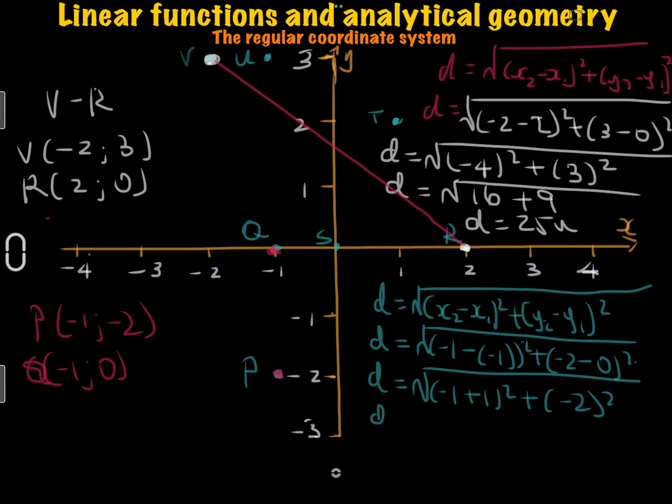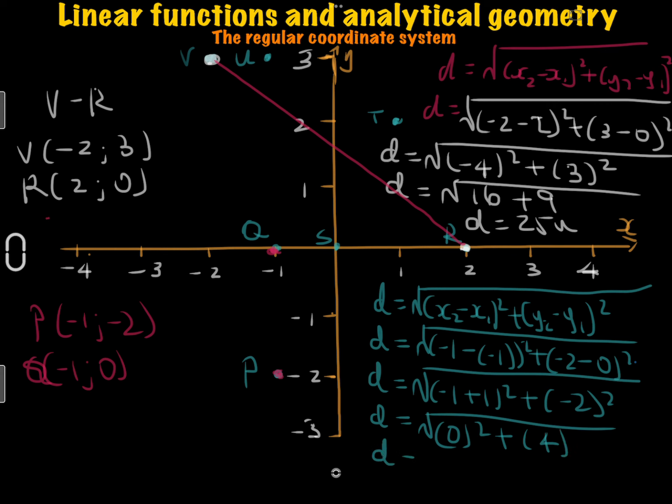So the distance is equal to the square root of: -1 plus 1 gives us 0. Raise that to the second power and we get 0. Then -2 multiplied by -2 gives us +4.